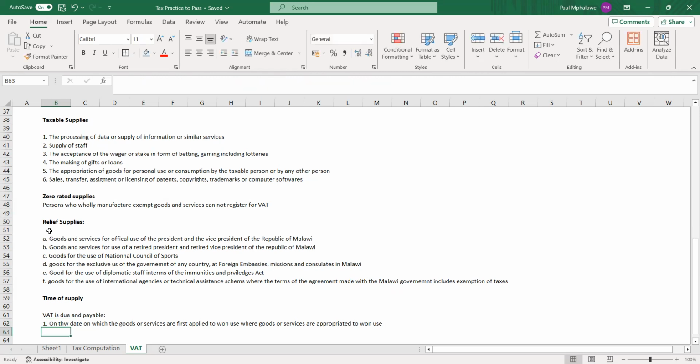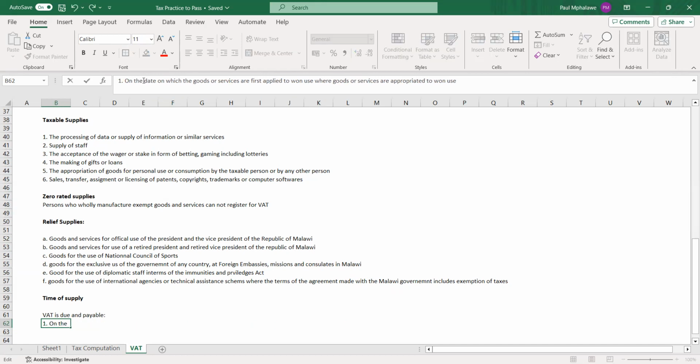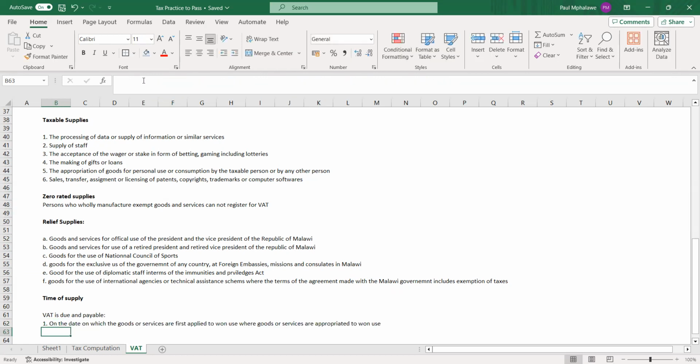If you decide to take the supplies for your own use, on such a date VAT becomes payable.